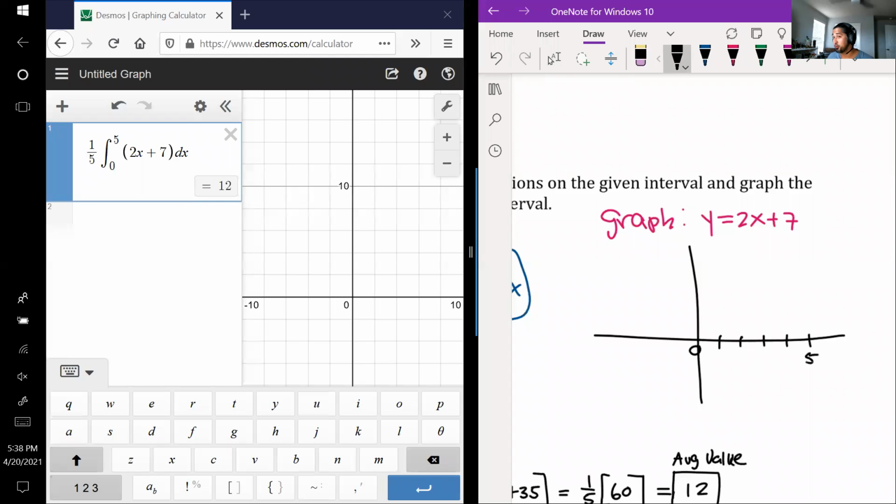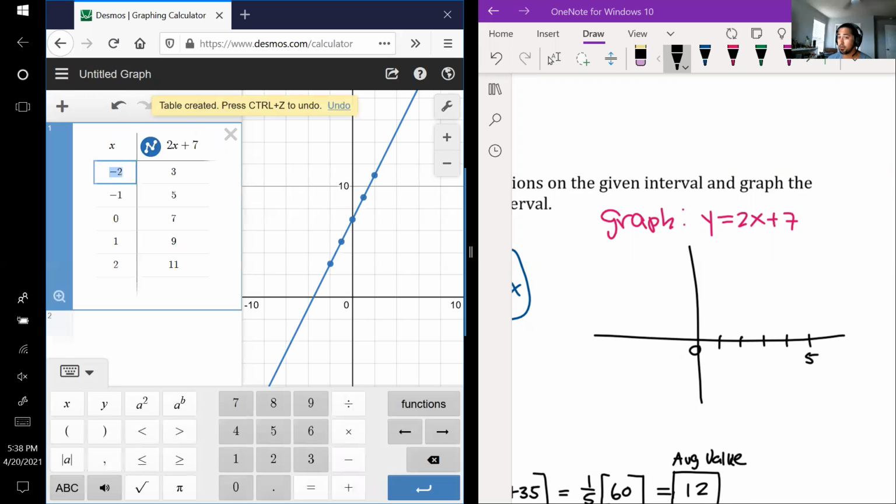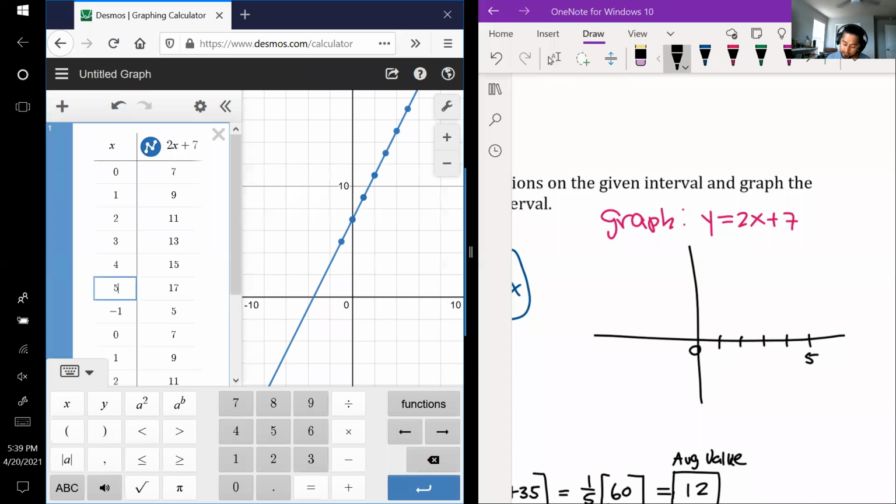And now what's beautiful about Desmos is I'll just type in the regular function 2x plus 7, and then I'll use that XY chart, and I'm going to type in those numbers 0, 1, 2, 3, 4, and 5. And we go 7 to 17.